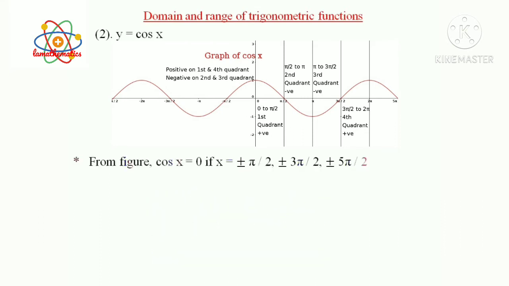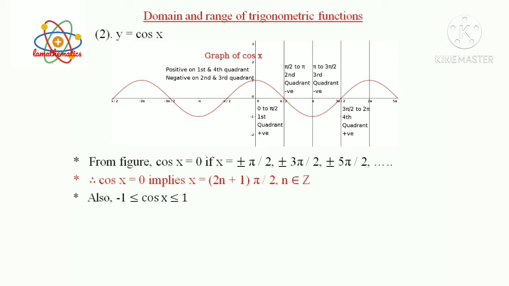From the figure, cos x equal to 0 if x equal to plus or minus pi by 2, plus or minus 3 pi by 2, plus or minus 5 pi by 2, etc. Therefore, cos x equal to 0 implies x equal to (2n plus 1) pi by 2, n belongs to the set of integers. That is, cos x equal to 0 if x is an odd multiple of pi by 2.